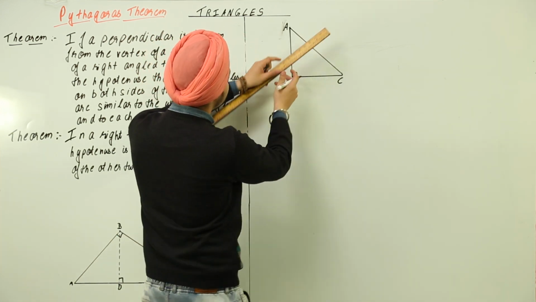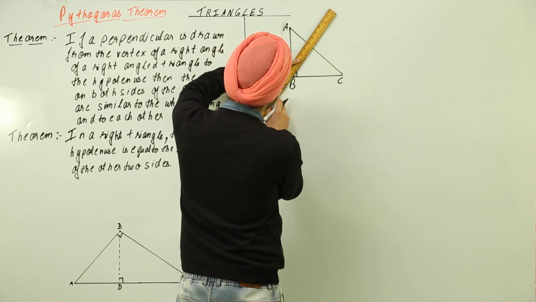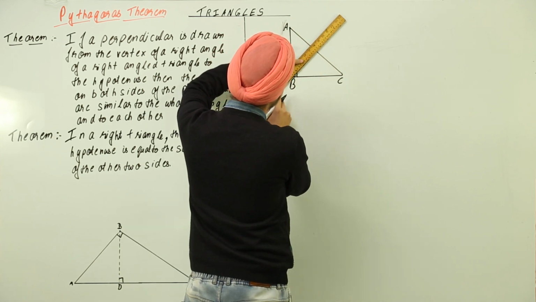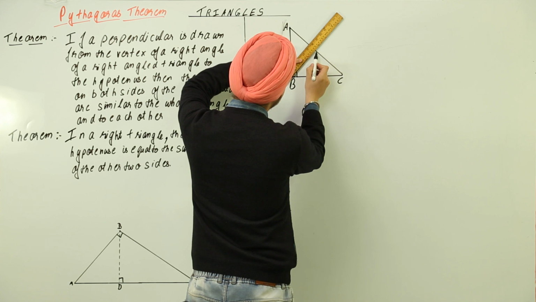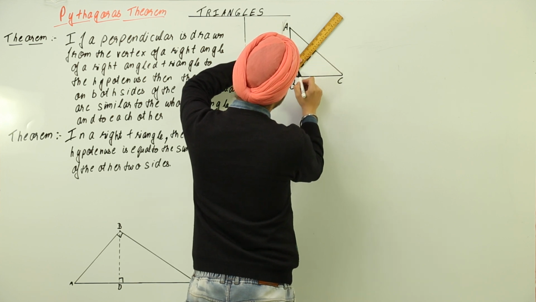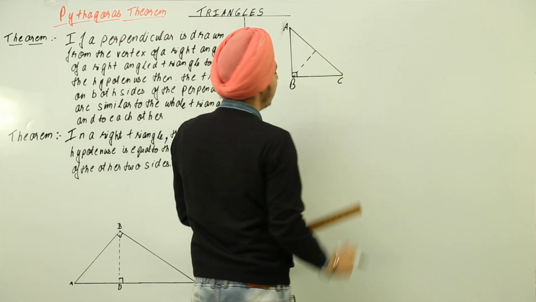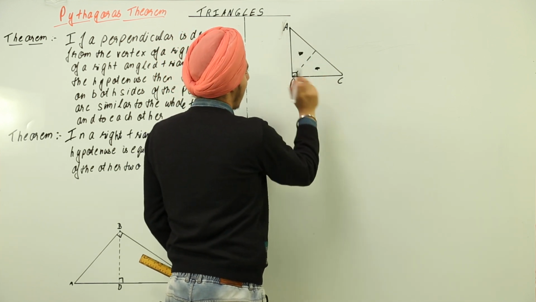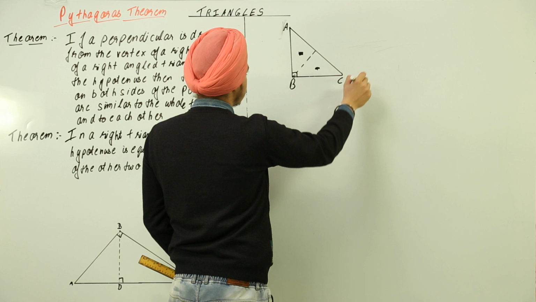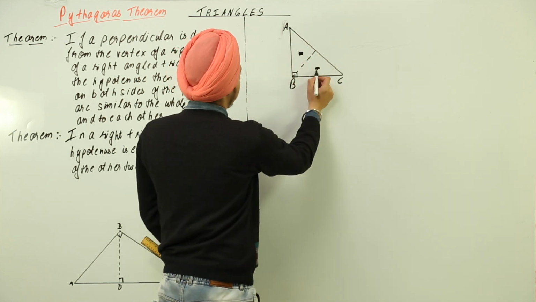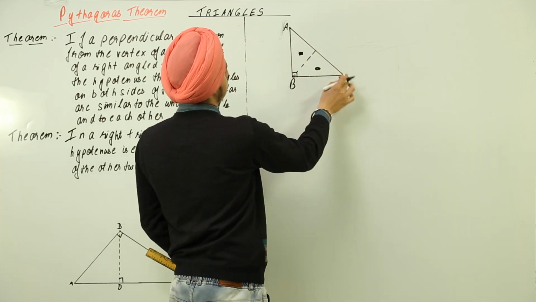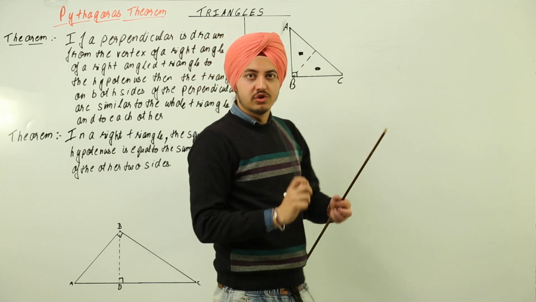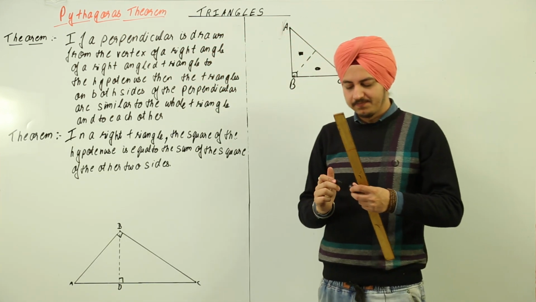Now if a perpendicular is drawn from this vertex onto the hypotenuse, then this triangle is similar to this triangle, and this triangle is also similar to the whole triangle, and obviously this triangle is also similar to the whole triangle. So this is what this theorem says.